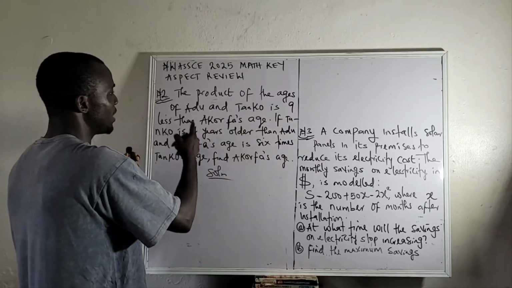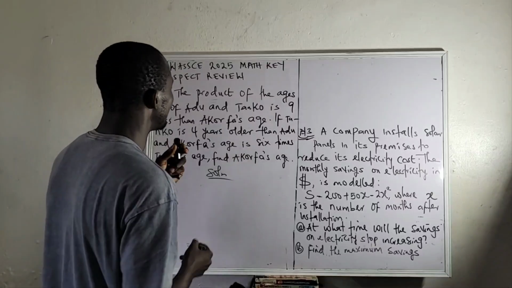The product of the ages of Adu and Tanko is 9 less than Akofa's age.